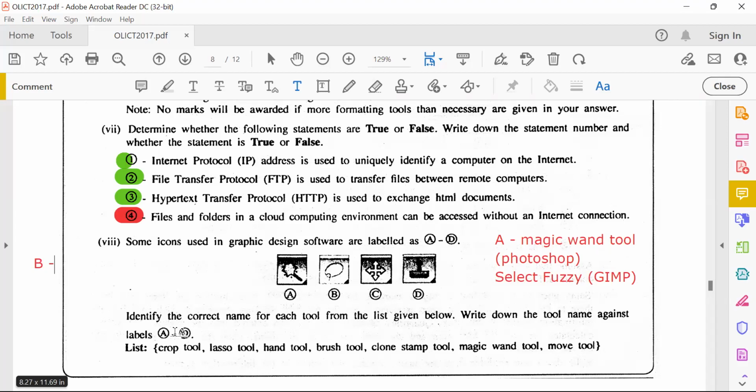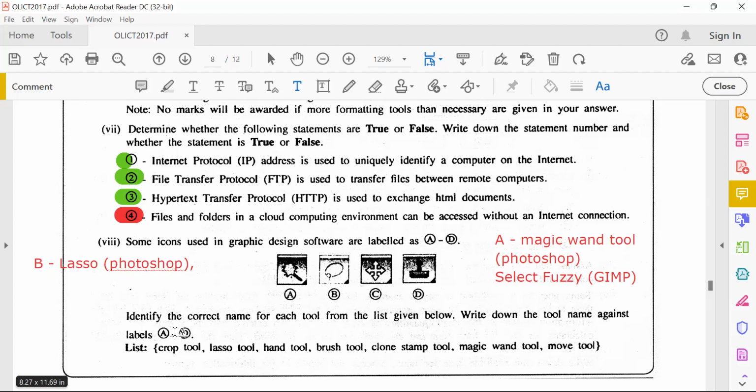So we better know. The second one we use to find arbitrary shape objects, right? According to the names given, we have to use Lasso, the Lasso tool, that is Photoshop.